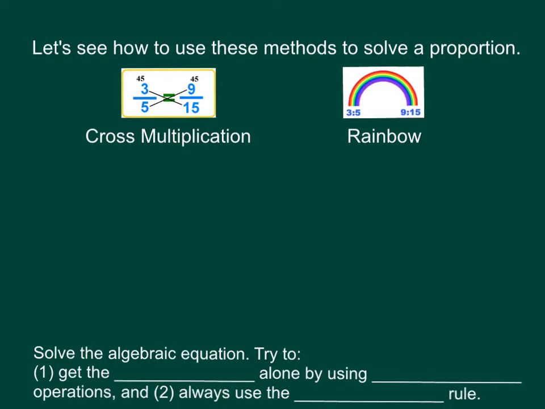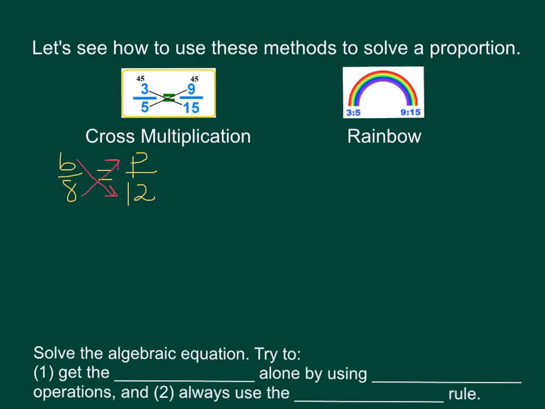So let's see how these methods could be used to solve a proportion. If we are saying that 6/8 is equal to whatever this proportion is with p over 12. Using cross multiplication, I multiply the 6 and the 12 together, and the 8 and the p together.